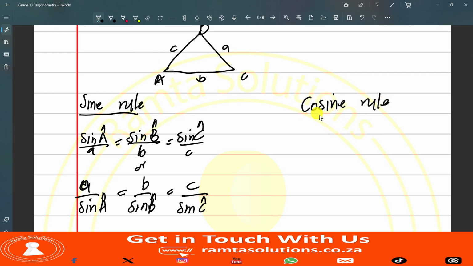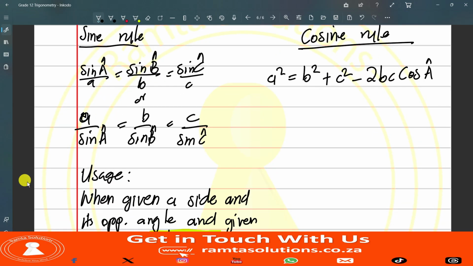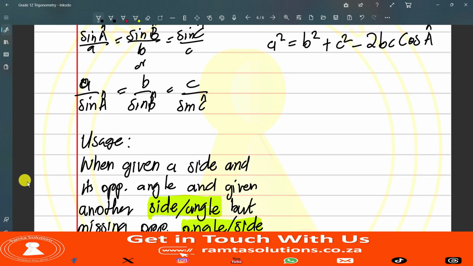Cosine rule: a squared equals b squared plus c squared minus 2bc cos angle A. So as we move on, when do you use it? One, when you have two sides and an included angle.